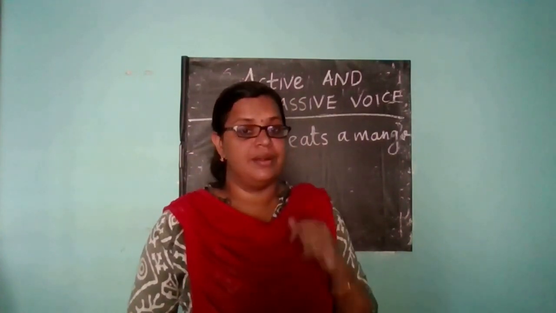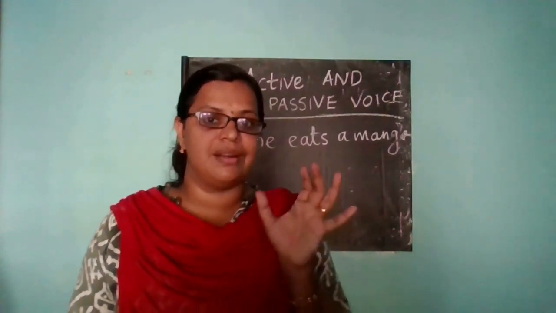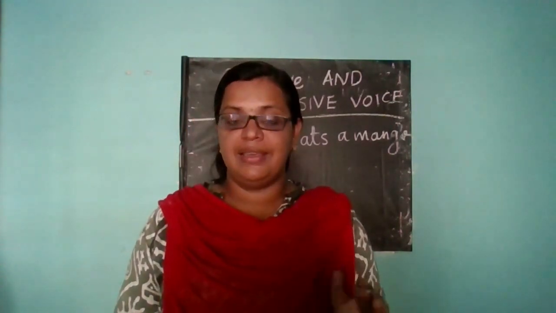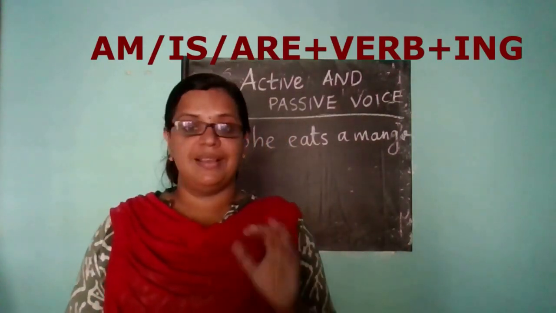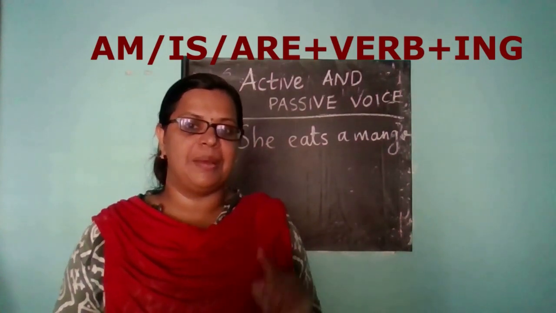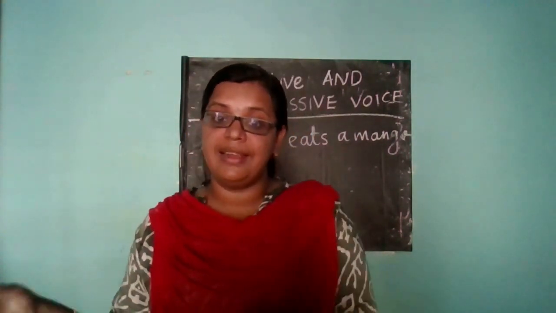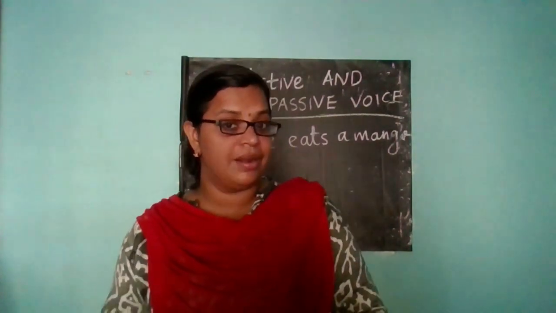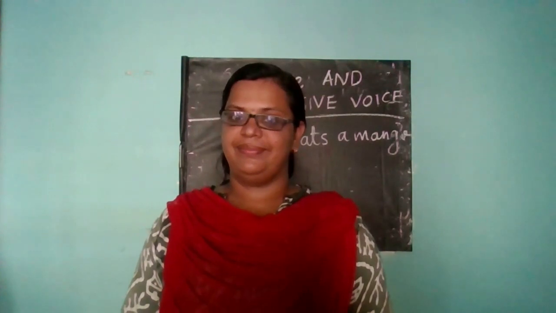Then what about present continuous? What is the form or structure of present continuous? Is, are, am plus verb plus ing. I am writing a letter. She is doing her homework. They are playing in the park.